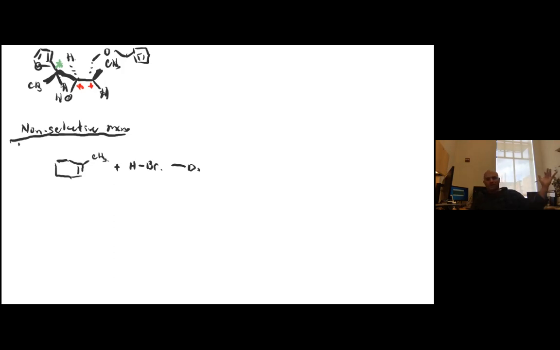So methyl cyclohexene plus HBr. First step, protonation, bang, get to the carbocation.